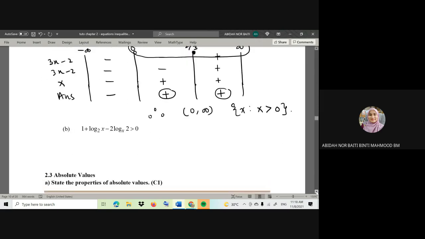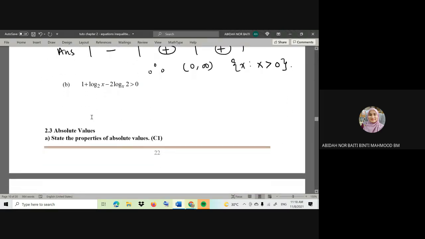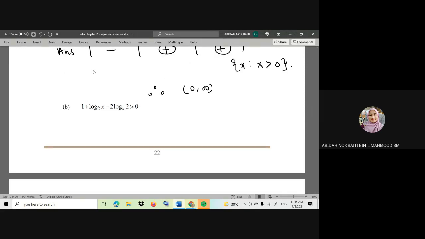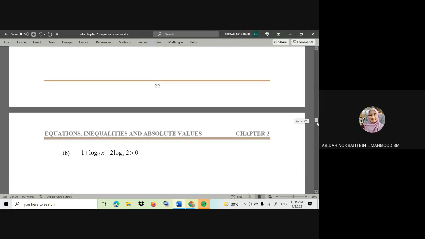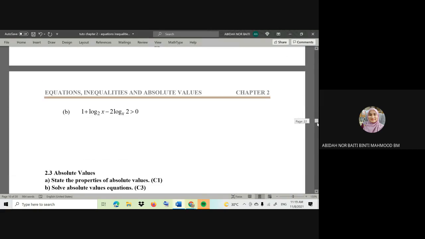Okay, for question B, this is a log with different base. So we can see the bases are not the same, different base. So we have to change base. Okay, we choose base x here. Change base x to base 2.